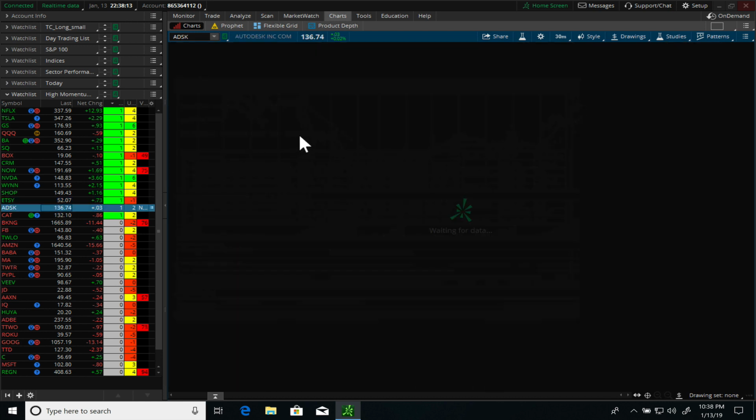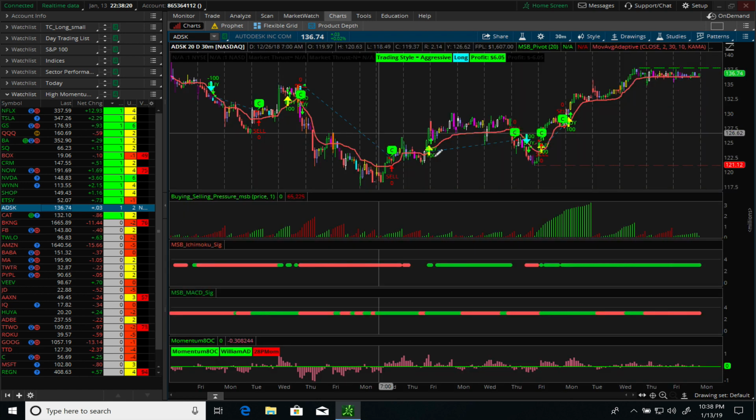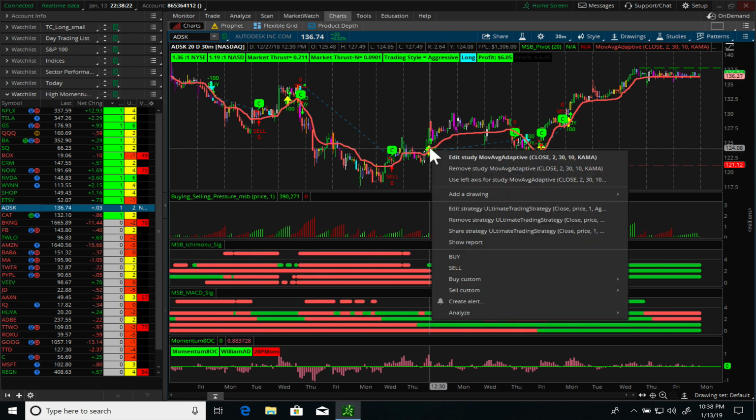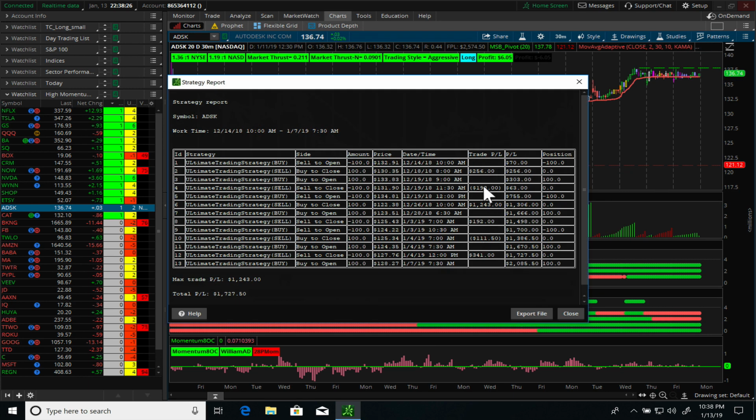Autodesk. Autodesk again had one loss here, another loss here, but the net profit is 727.